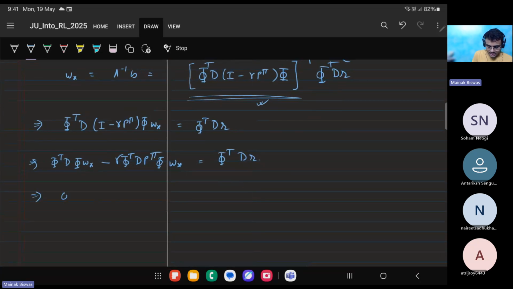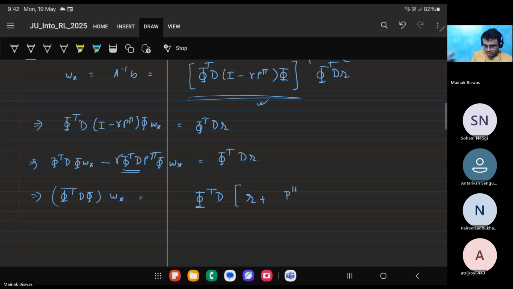Very good. So I can write this as phi transpose D phi W star is equal to, as you were telling me, phi transpose D, I will take common, reward plus P pi phi W star. Does this ring a bell again?